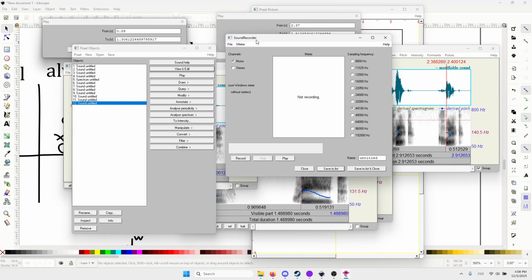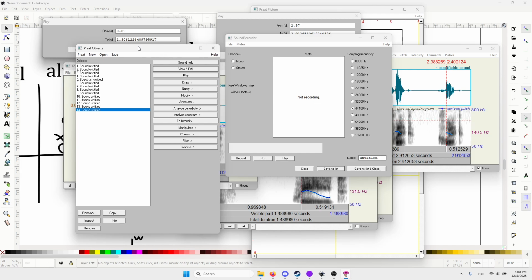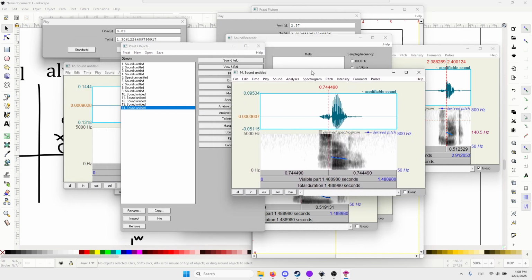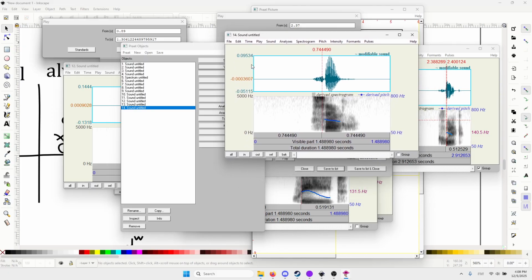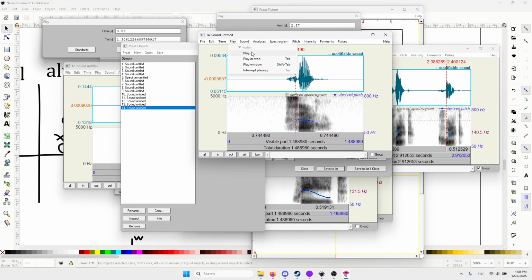Now I'm going to record myself saying sahwa, the best that I can. Sah. I was going to try to say it with the SAHW separate from the H, but oh well. Sah, sah.